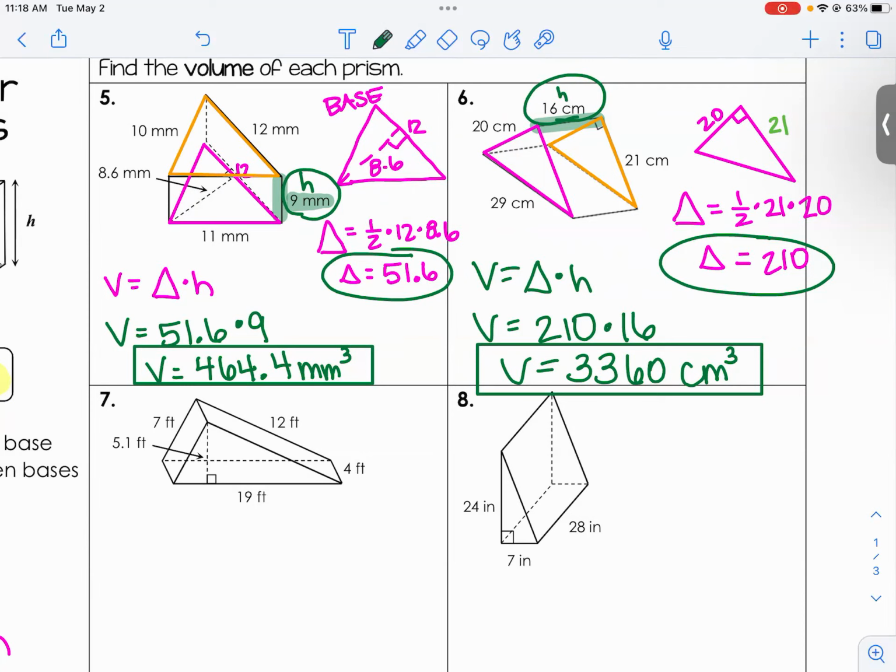Find the area of the triangle and then times it by the height of the prism. Okay. Can I help you with something? Yeah, I don't know where to start. Okay, trace a triangle.